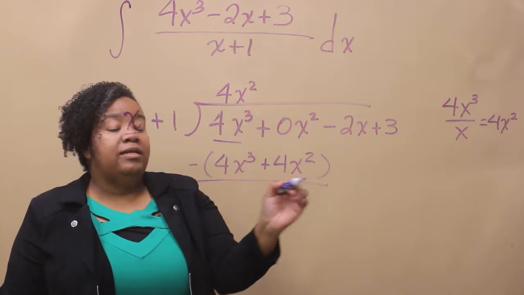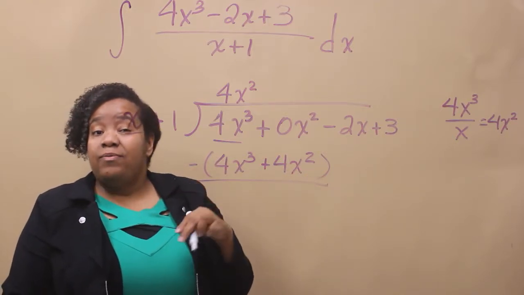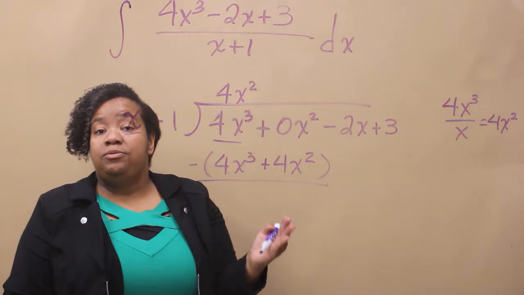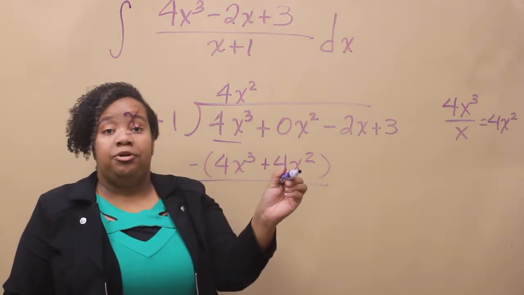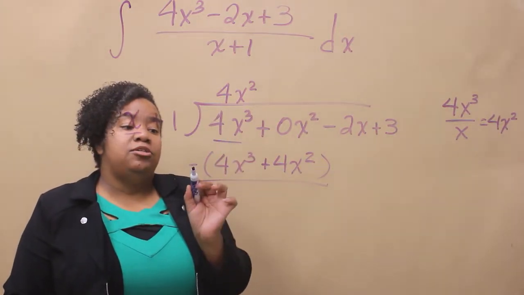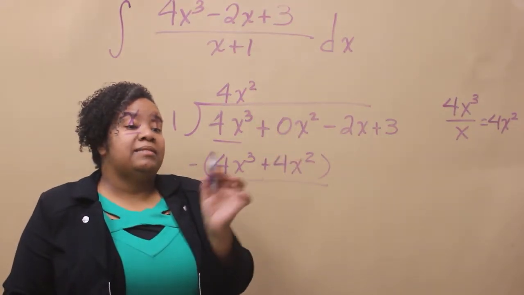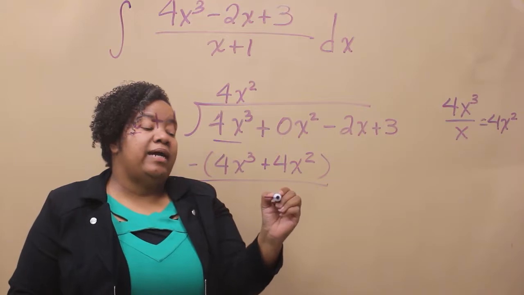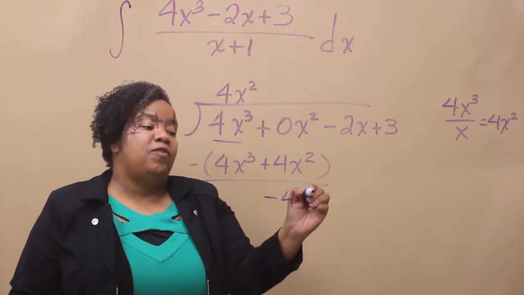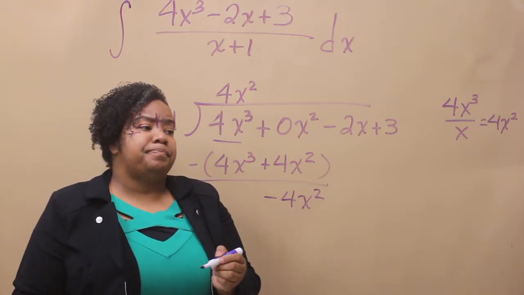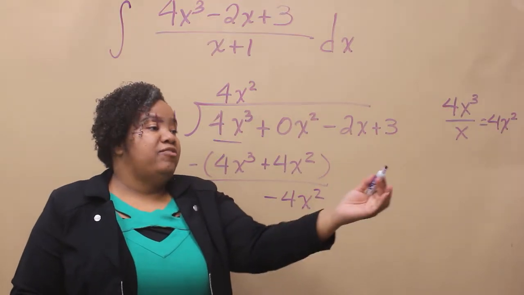That's why I've included it in parentheses so that we remember that we need to distribute the subtraction to each term here. So 4x cubed minus 4x cubed gives us 0. 0x squared minus 4x squared gives me negative 4x squared. And then I bring everything else down.